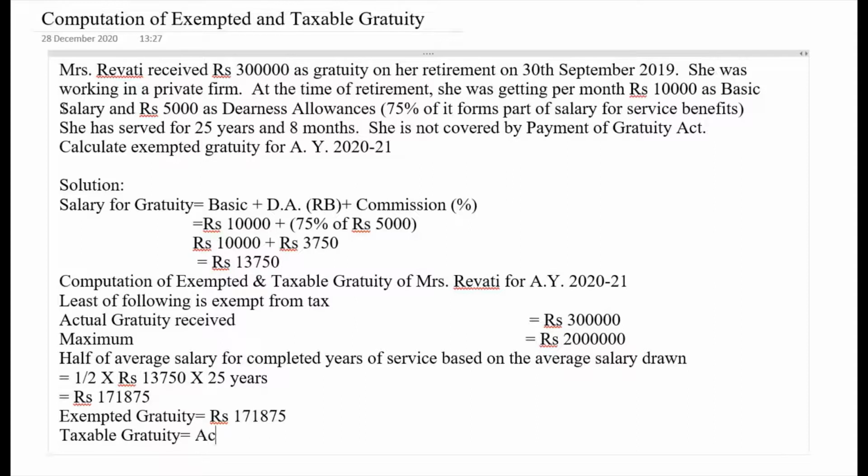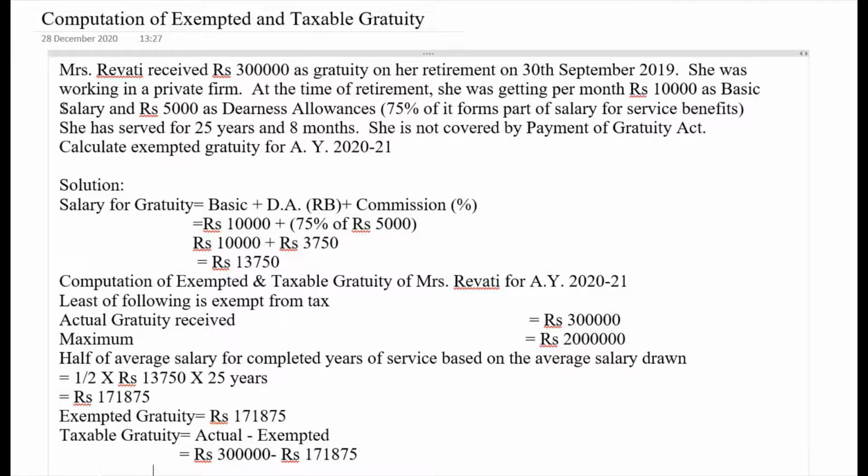Taxable gratuity equals actual minus exempted. The actual gratuity given in this problem is rupees 3 lakhs, minus rupees 1,71,875.